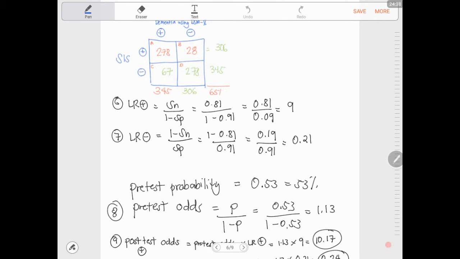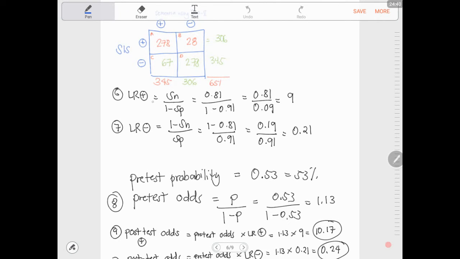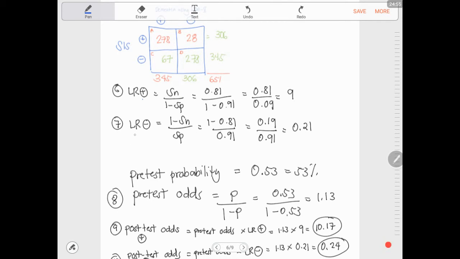So, to solve, these are the formula. When you say LR positive, sensitivity is always positive. So, sensitivity divided by 1 minus specificity. And then, kabaliktaran, ang likelihood ratio for negative, it had to be 1 minus sensitivity over specificity. And the answer will be as follows.